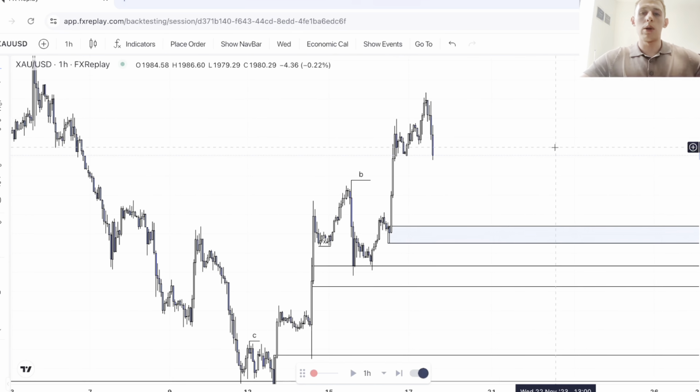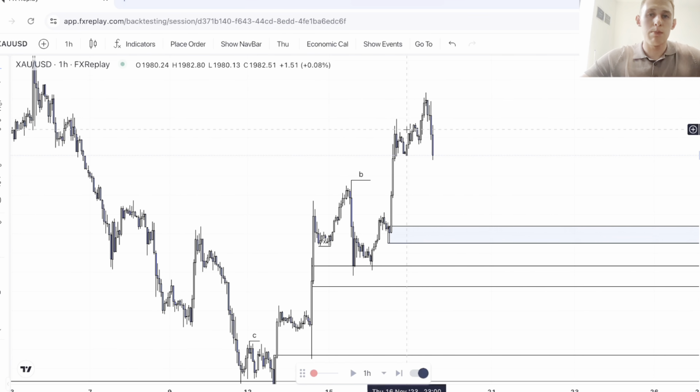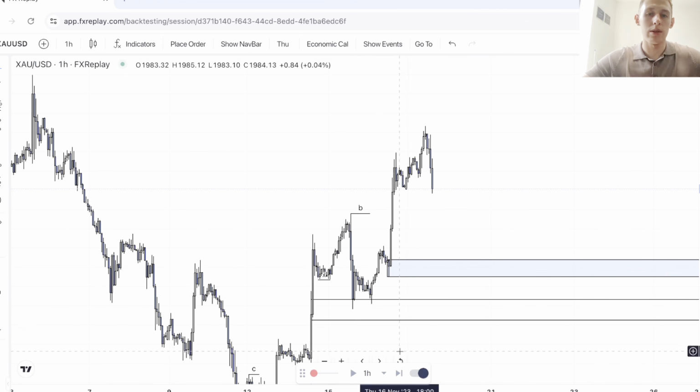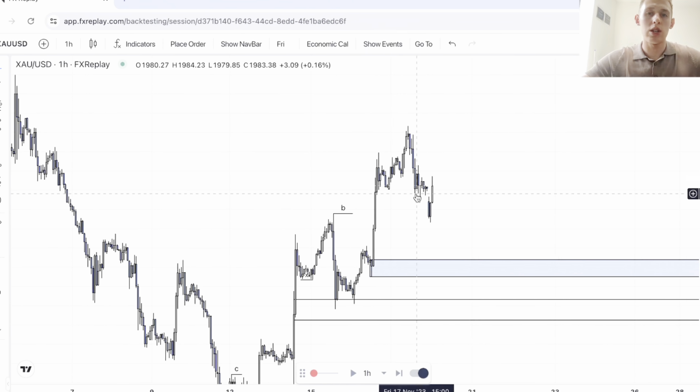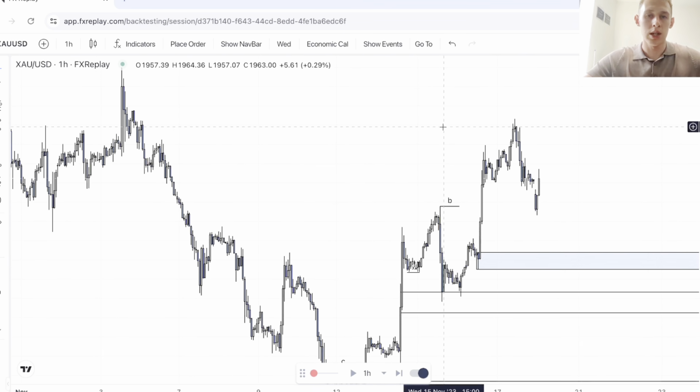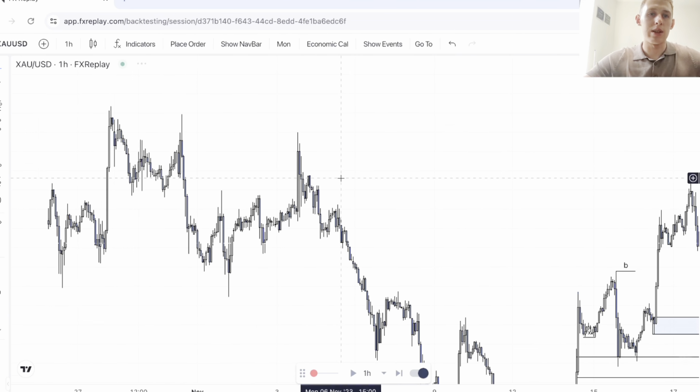Cool. So one thing with gold is that once it makes these big moves, it nearly always builds up this mini structure, but then it will come down as it is now. Take out all of this mini structure and then fill in all of the imbalance. Once again, looking left, it hasn't reacted from anything significant.